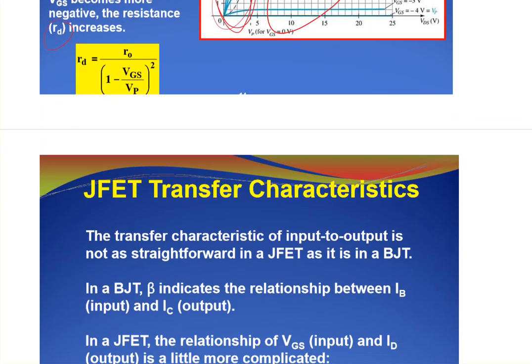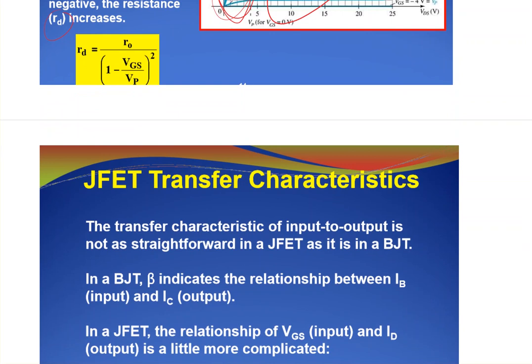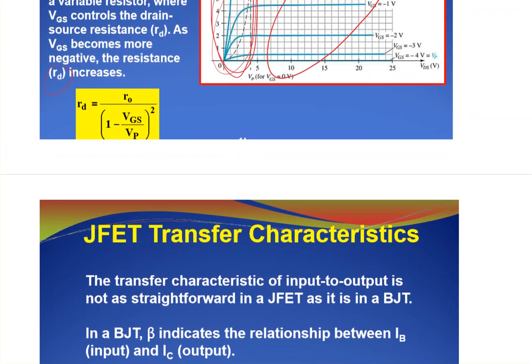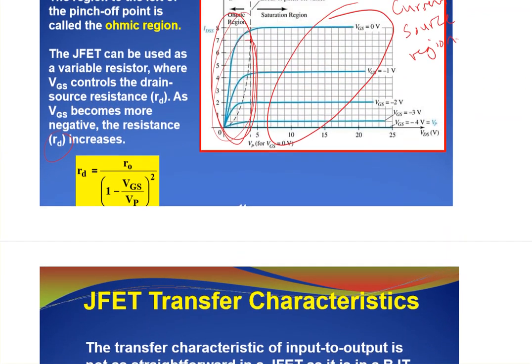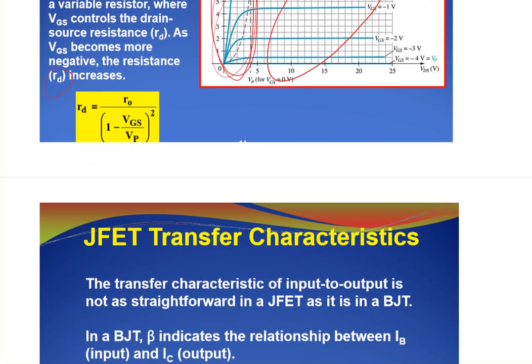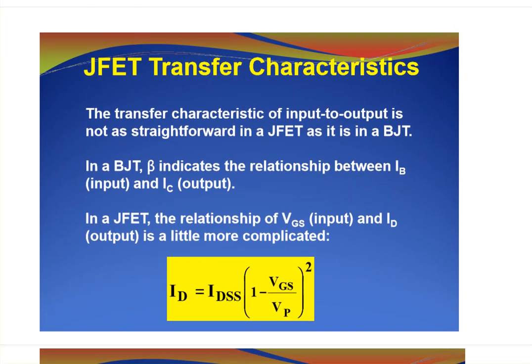And we will be seeing in the next slides how we can calculate the current ID with a certain formula, which is in here. So the JFET transfer characteristics: the transfer characteristics of input to output is not as straightforward as in the case of the BJTs.